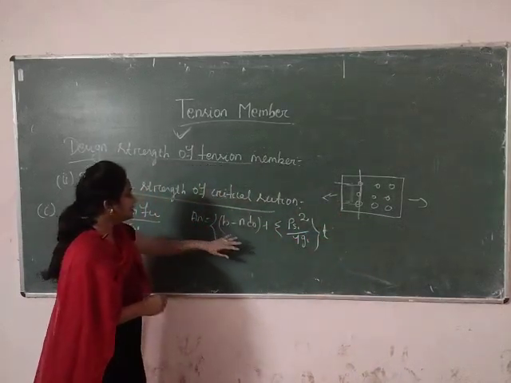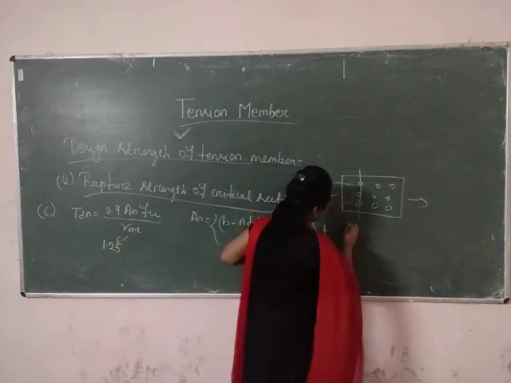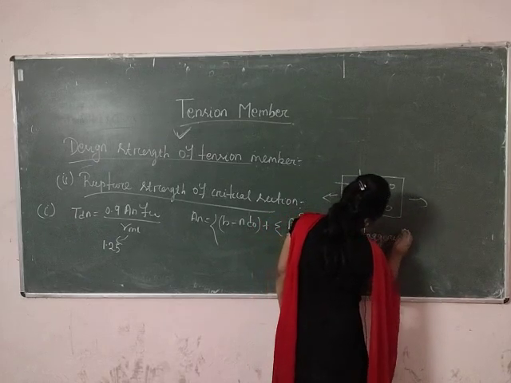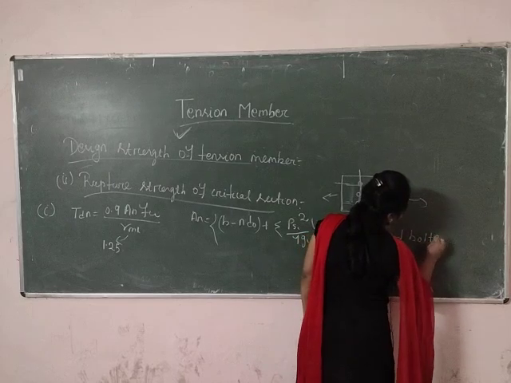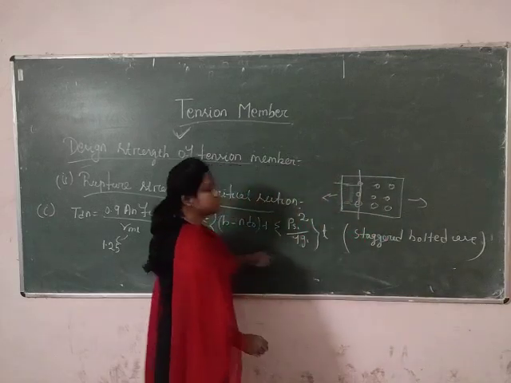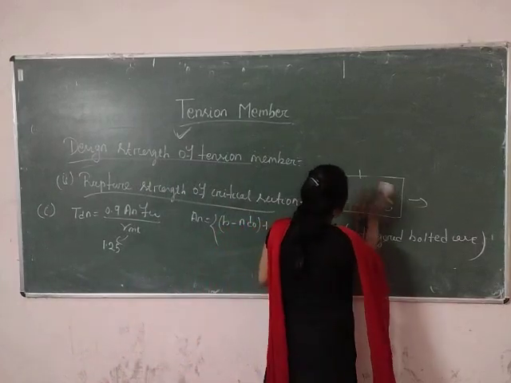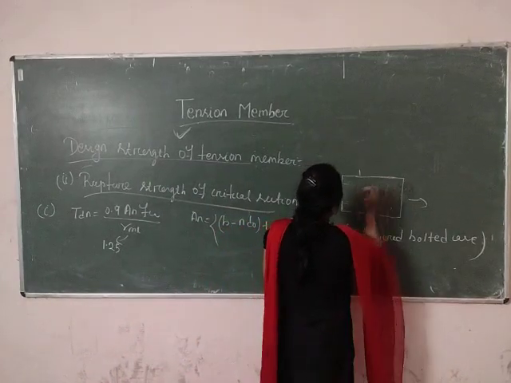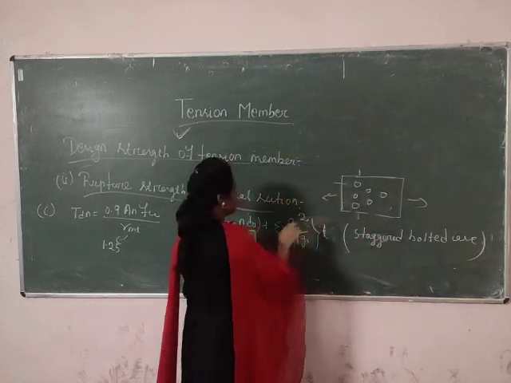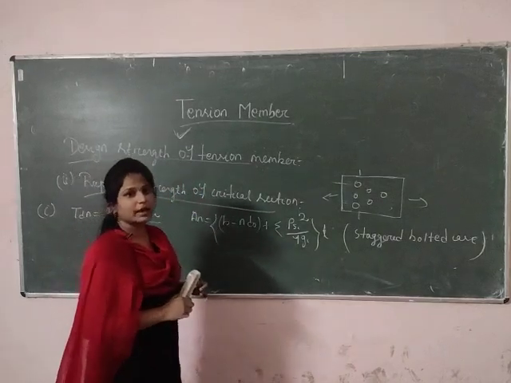Okay, and you know that this equation is applicable for the staggered bolted case, means if the bolts are arranged in this zigzag manner, then we will apply this equation to calculate the net effective area.